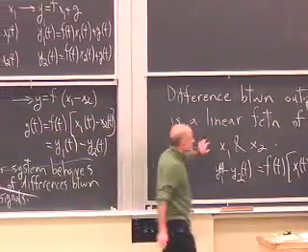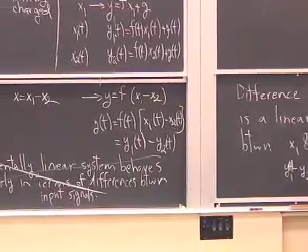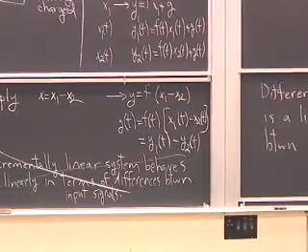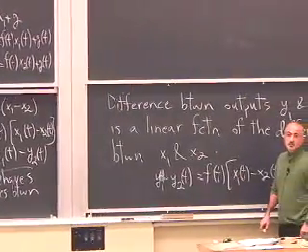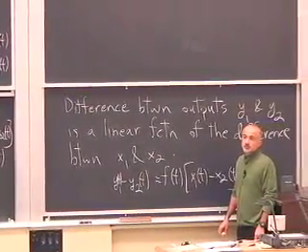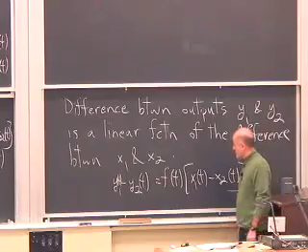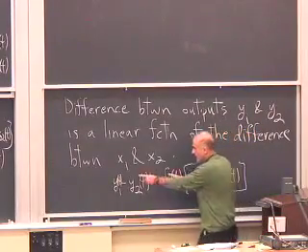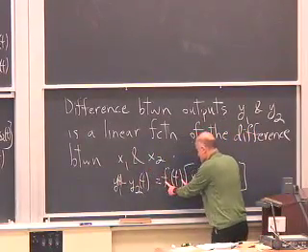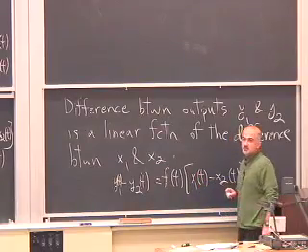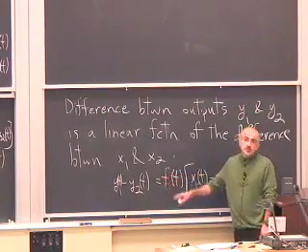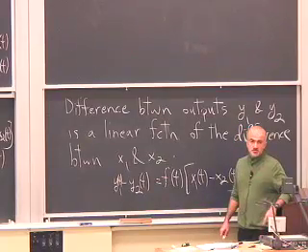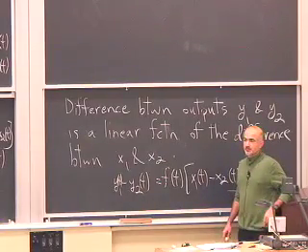This is what I mean. When you look at the difference between two outputs, that's a linear function of the difference between corresponding inputs. That's what it means. This property won't hold for a system such as y equals x squared.